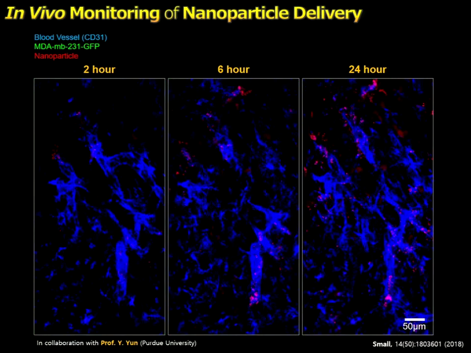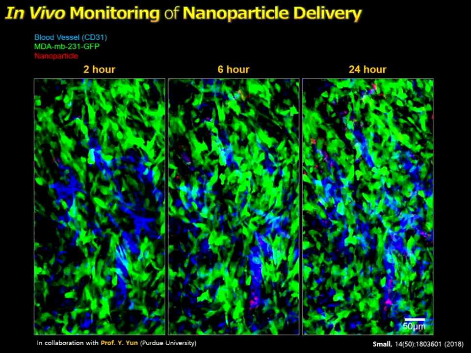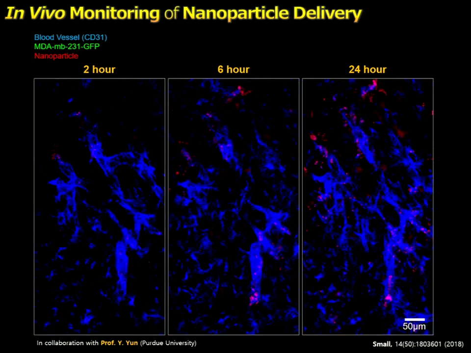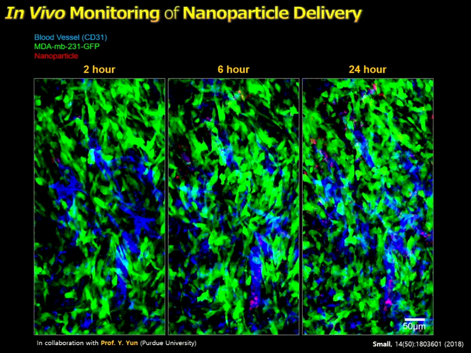Okay, it's better. Now we can see from 2 hours to 24 hours that this intravenously injected nanoparticle arrived at the tumor tissues. First it appears in the perivascular area, and later we can see more increased delivery of this nanoparticle. Later they are delivered into the tumor cells and do their actions.